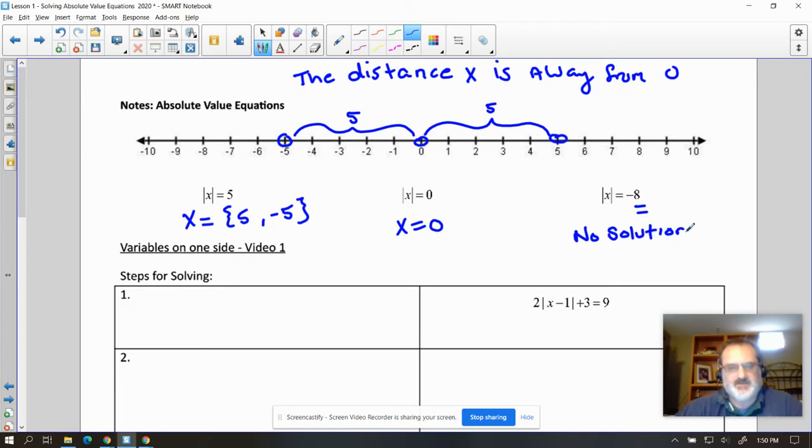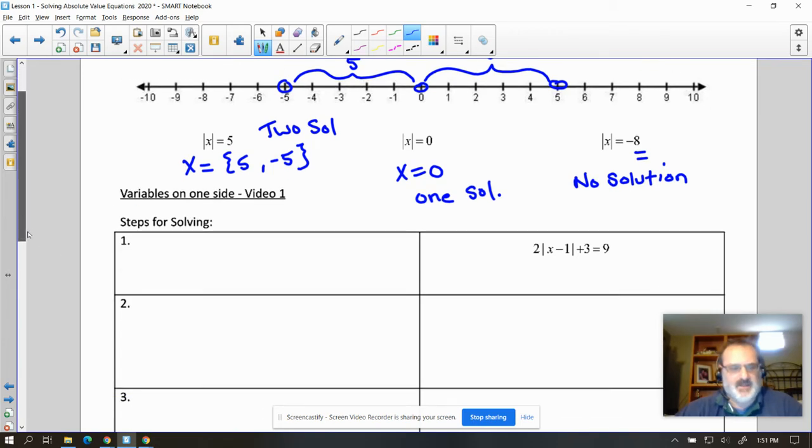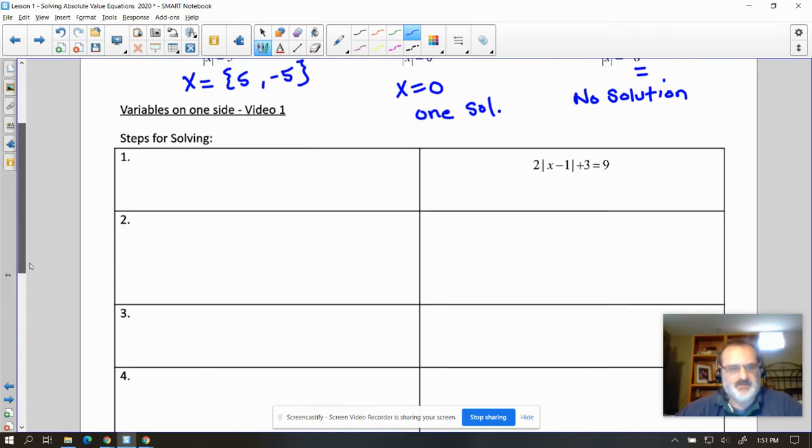So we have three examples of two solutions, one solution, and no solutions.